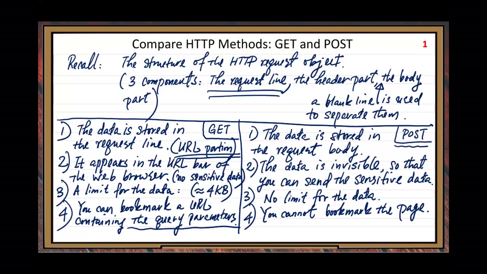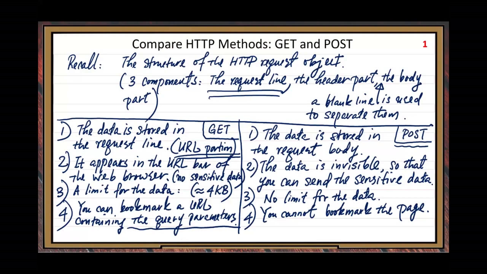So here I pretty much gave you all the main differences. There are probably still a few smaller properties, but the main differences are already listed here. Based on these differences, you can determine which method you should use.